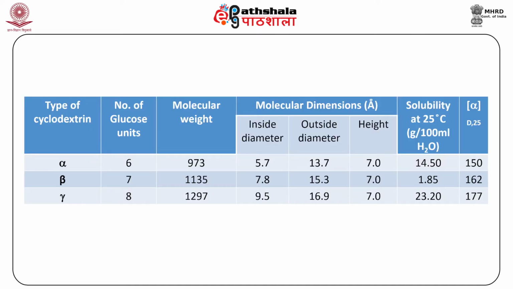The table itself shows the physical data which shows the poor solubility of beta cyclodextrin. Cyclodextrins are largely water soluble except beta cyclodextrin, which shows remarkably low solubility as compared to alpha or gamma cyclodextrins, which is evident from these values.